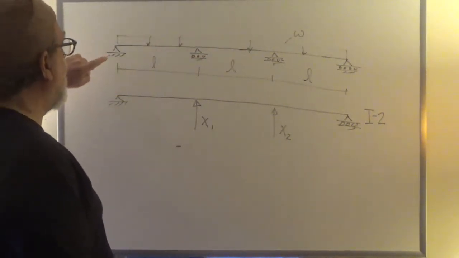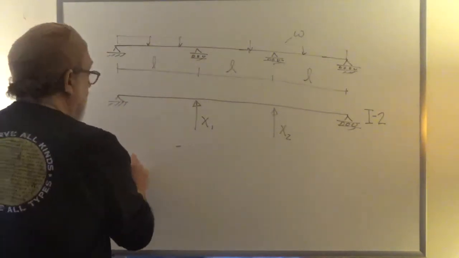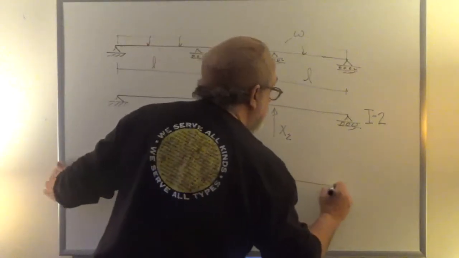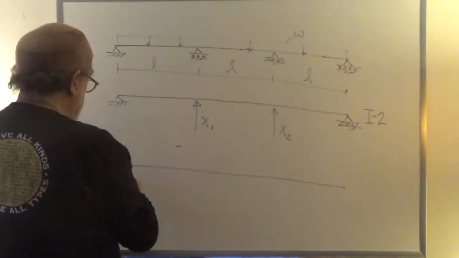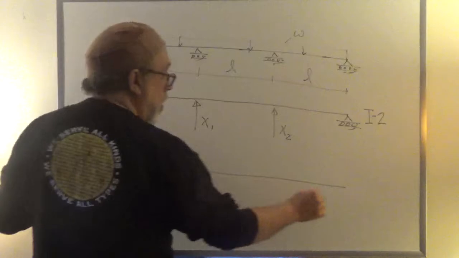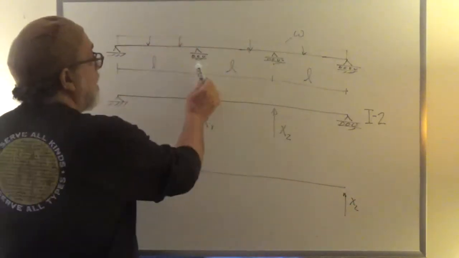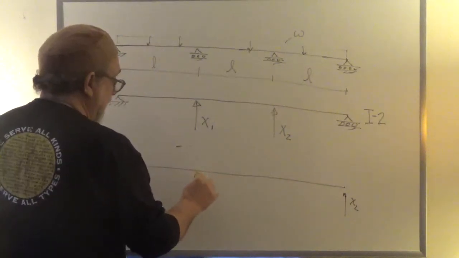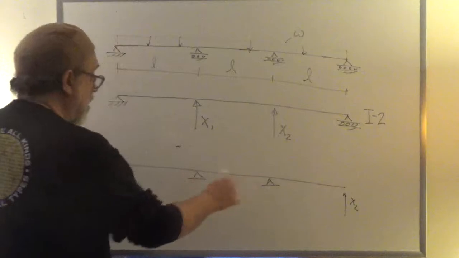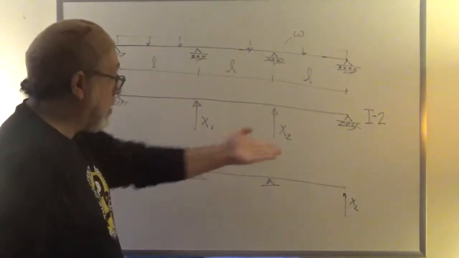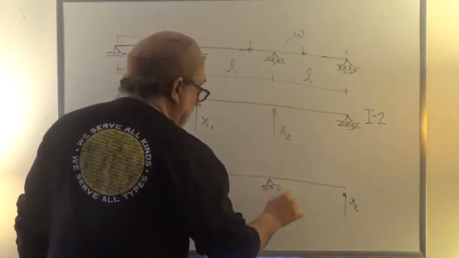Had I decided to do this and to take this as the redundant, for example, this one an x1 and this one an x2, there would be two rollers left here, but I cannot really draw two rollers because then this structure would be a train that could run to the right. So I would just turn one of them to a pin.